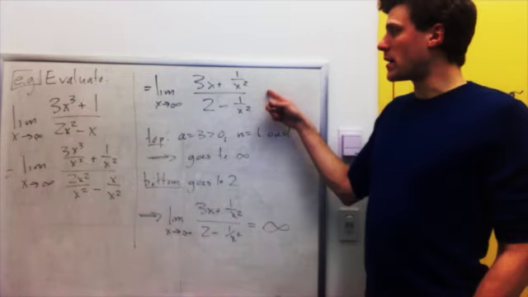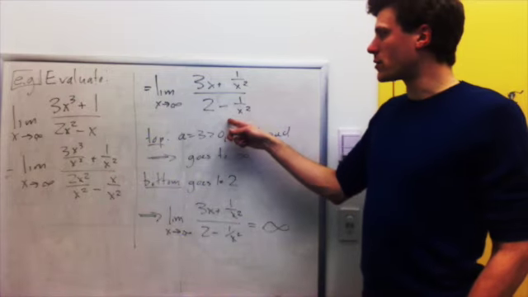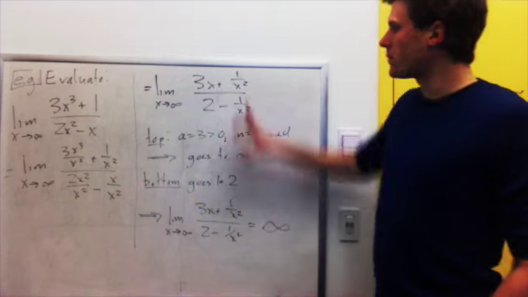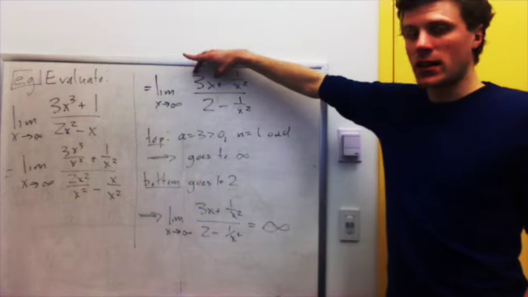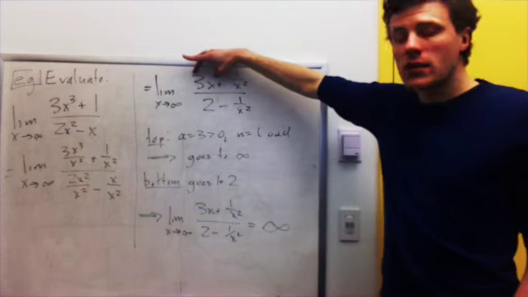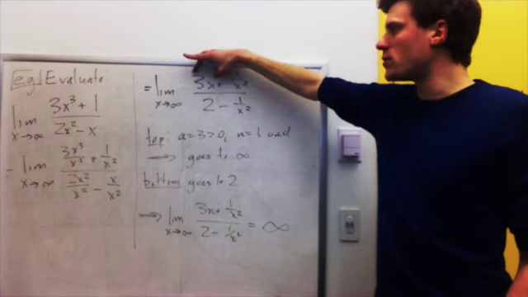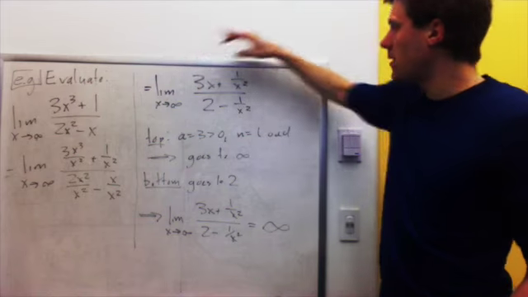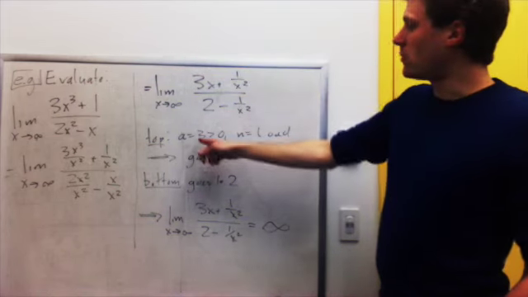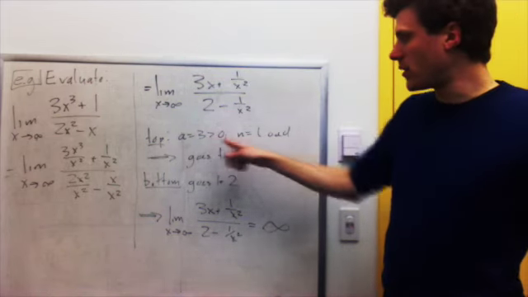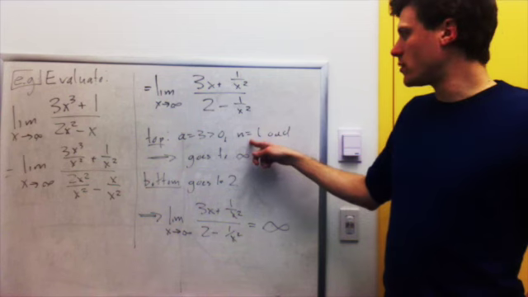I simplify to get (3x plus 1 over x squared) over (2 minus 1 over x squared). Now the top is not a constant in this case. It begins with a polynomial. So I can use the facts about polynomials to determine what's happening on top. 3x, well, the leading coefficient is 3, so it's positive. The degree is 1, so it's odd.